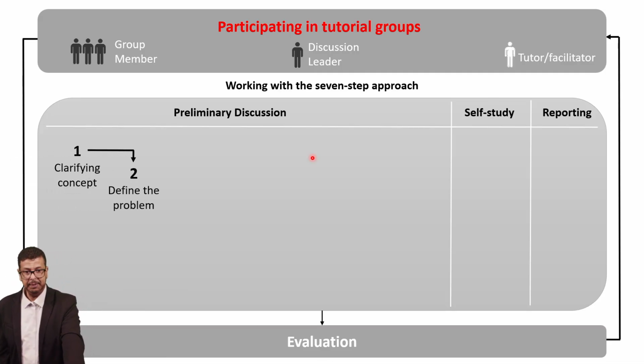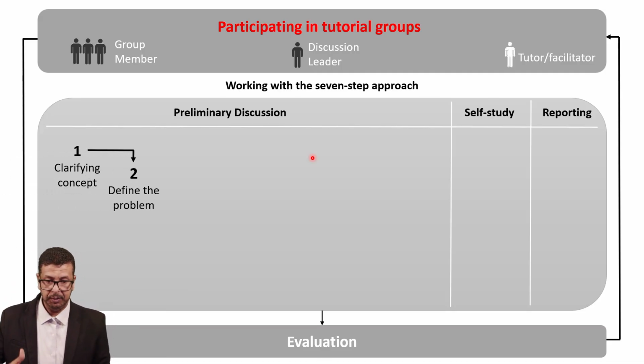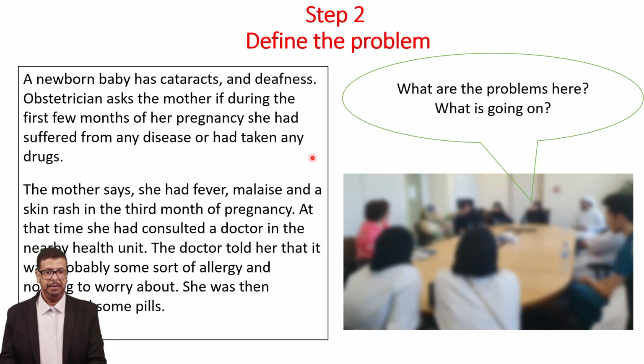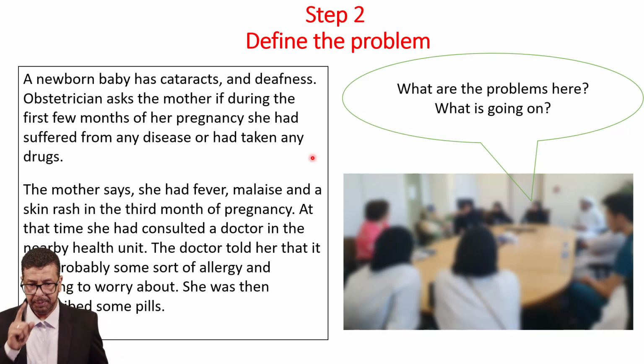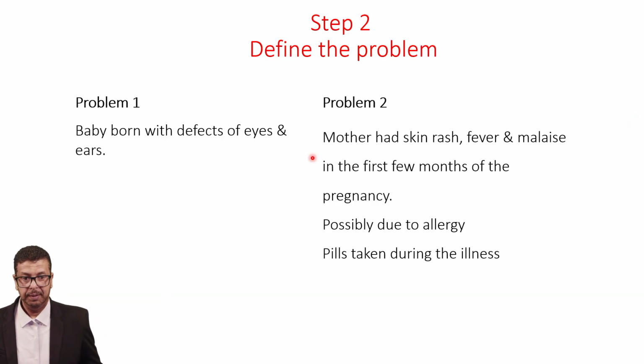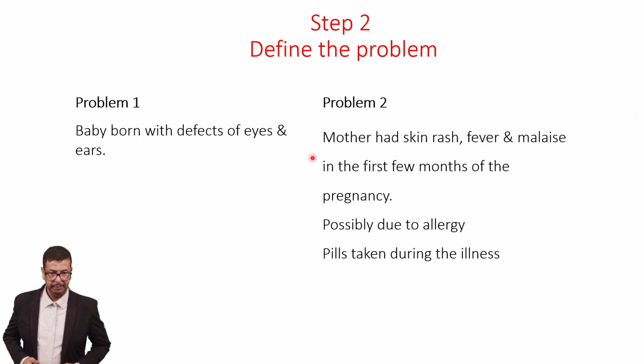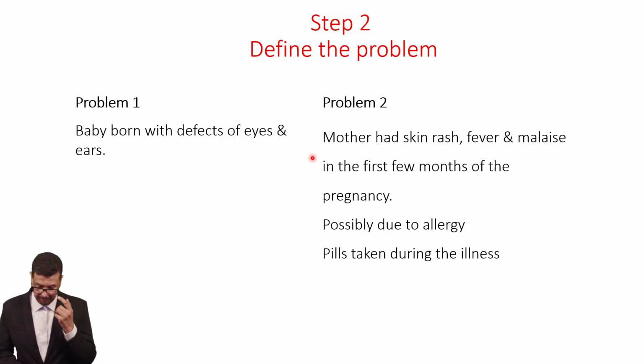So this is a difficult term. The second step is defining the problem. Let's go to the second step. Here is the case scenario. What are the problems here? In this case scenario, there is a problem related to the baby with a defect in the eye and ear.